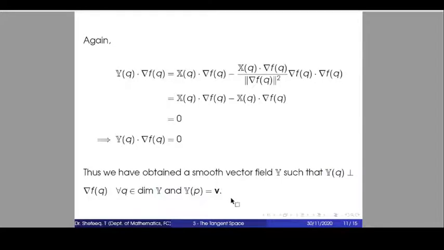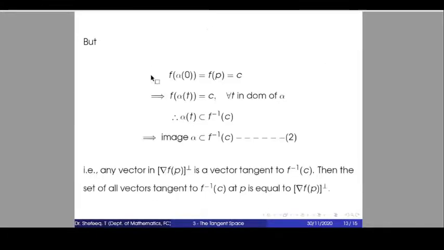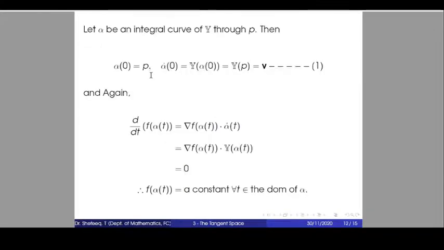Now let alpha be an integral curve of y through p. Then alpha of 0 equal to p. Also alpha dot of 0 equal to y of alpha of 0, which is equal to y of p, equal to v.